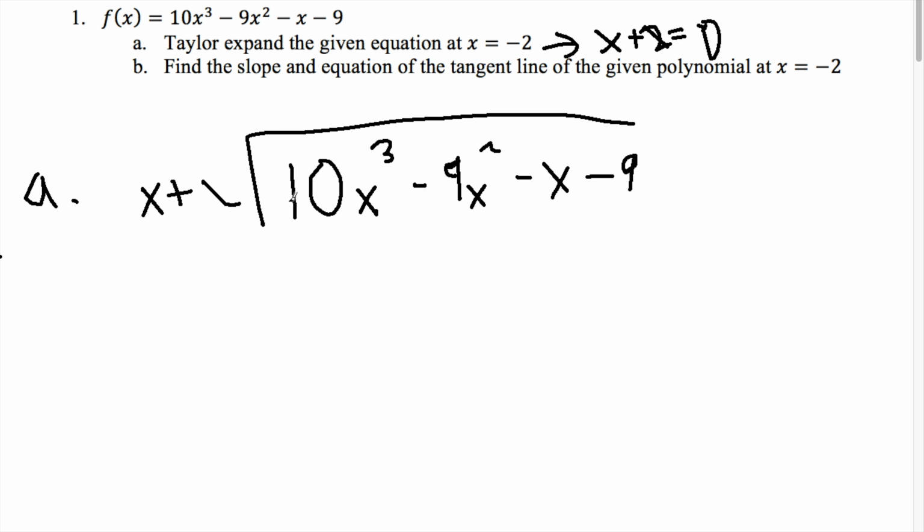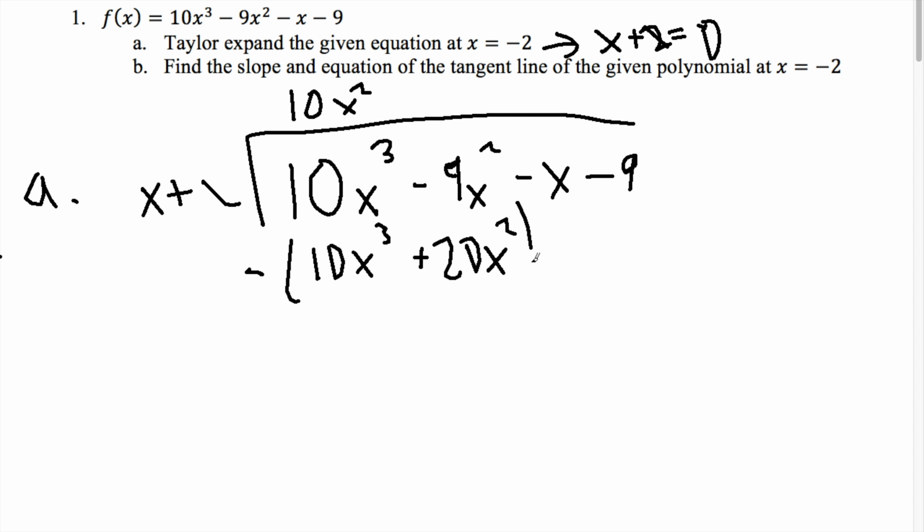The first step you take is to see how many times x goes into 10x cubed, which is 10x squared times. And then you multiply 10x squared by x plus 2 and subtract that value from the original equation. So you get 10x cubed plus 20x squared.